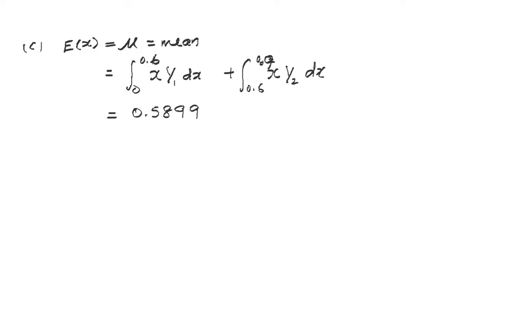Okay, that is to find the mean. Okay, now to get the median. Listen here carefully. Before we get the median, we have to check. Because the graph goes like that, correct?